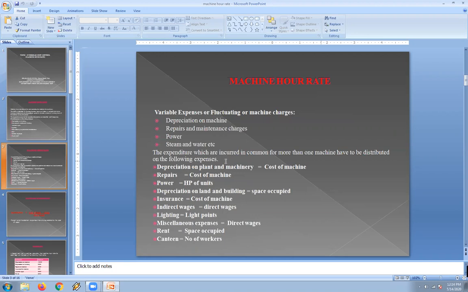The expenditure which is incurred in common for more than one machine has to be distributed on the following basis. So whatever expenses are incurred have to be calculated on the basis of allocation.